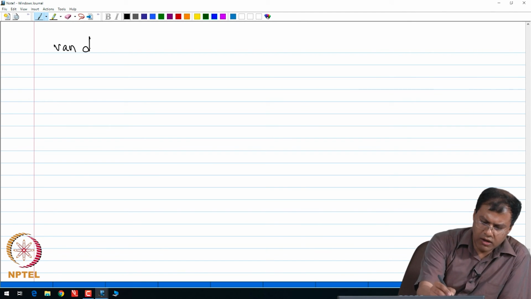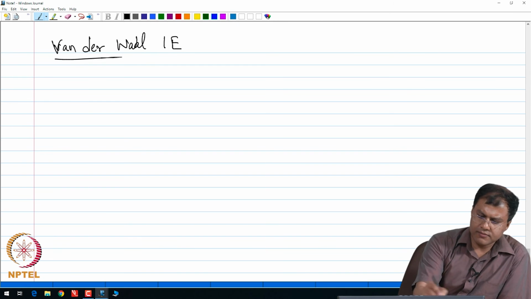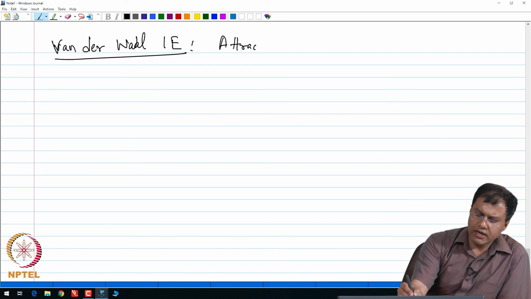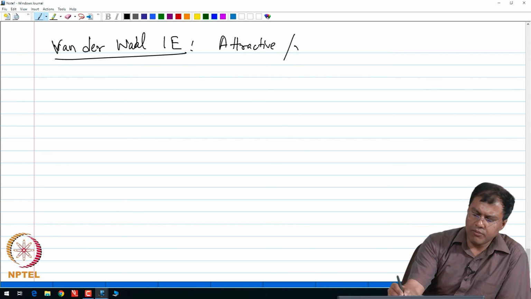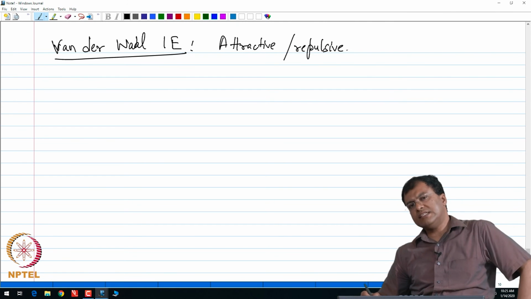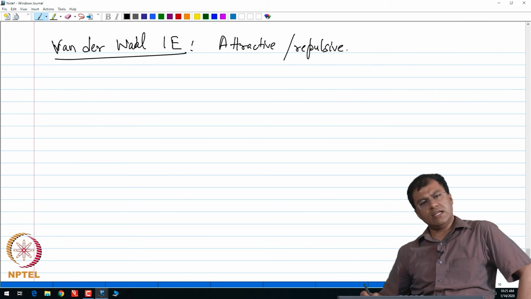So, van der Waal interaction energy, these are either attractive or can be repulsive, right. We will look at a specific form of the interaction potential which models this attractive / repulsive interaction energy.